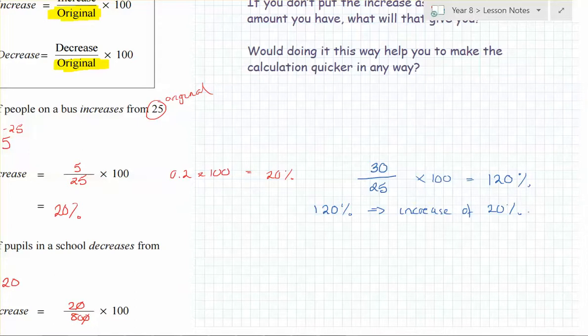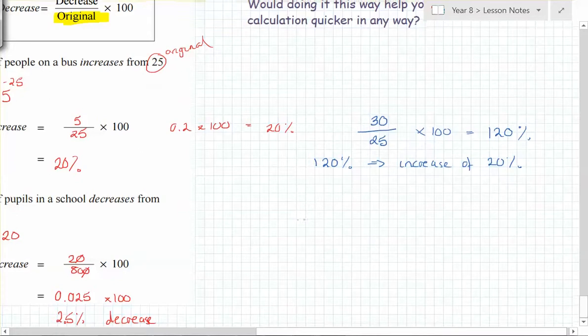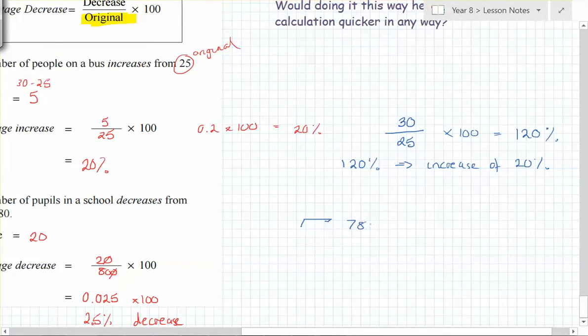So, what about though the decrease? What happens there? So this time we would do not 20 over 800, but 780 over 800 times 100. And what answer do I get? 97.5. Okay. So can we do the same thing with this as well?